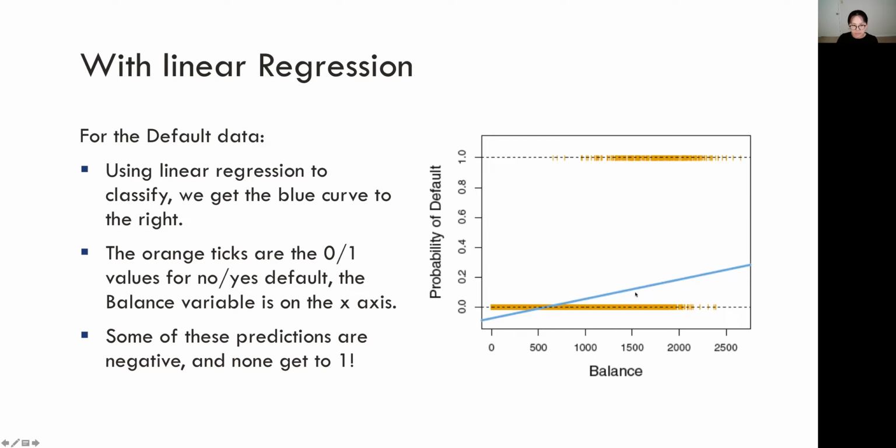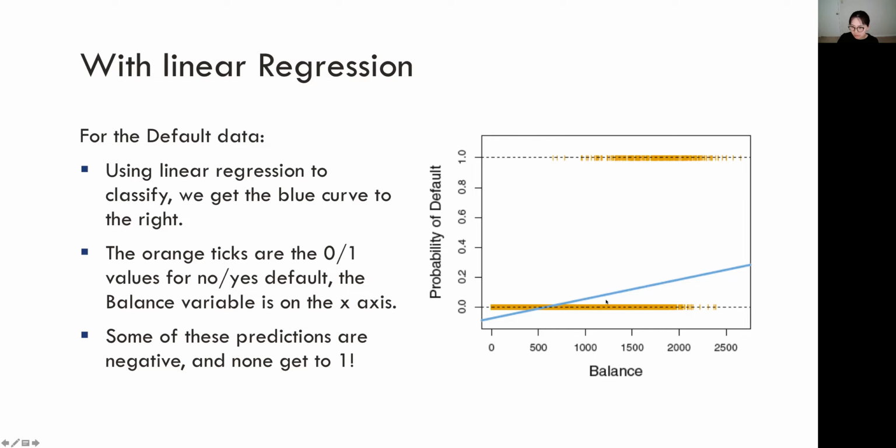This is basically a plot of your data. If we use linear regression, just regress this probability on balance, you will get this blue straight line. As I said, the orange ticks are the 0, 1 values for no or yes default, and the balance variable is on the x-axis.